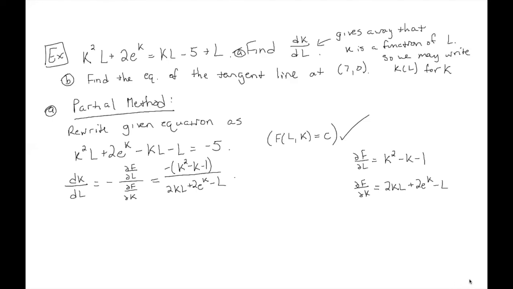Okay, so I had k squared L plus 2e to the k equals KL minus 5 plus L. Now I want to take a derivative with respect to L. So I'm going to rewrite as k of L squared times L plus 2e to the k of L equals k of L times L minus 5 plus L.